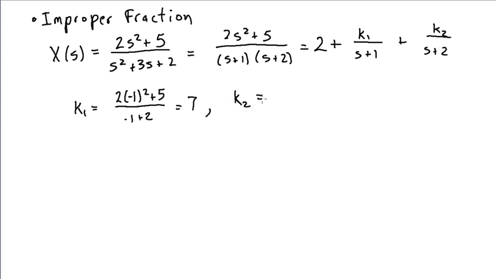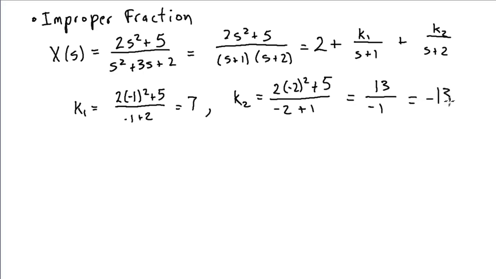7. K2, again, cover up the s plus 2 term, evaluate the rest of this at s equal to minus 2. So I have 2 times minus 2 squared plus 5 over minus 2 plus 1. And so here I'll get 4, 8, 13 in the numerator, minus 1, and so I'll get minus 13 as the result here.